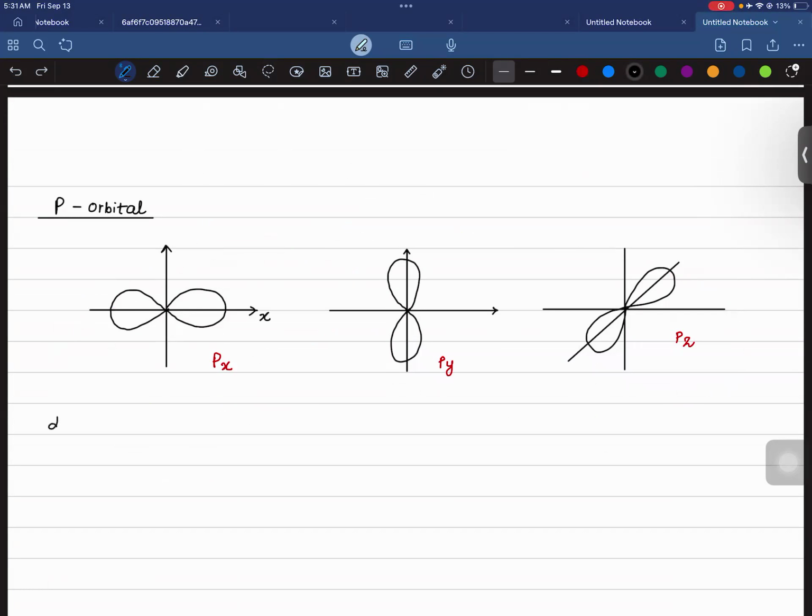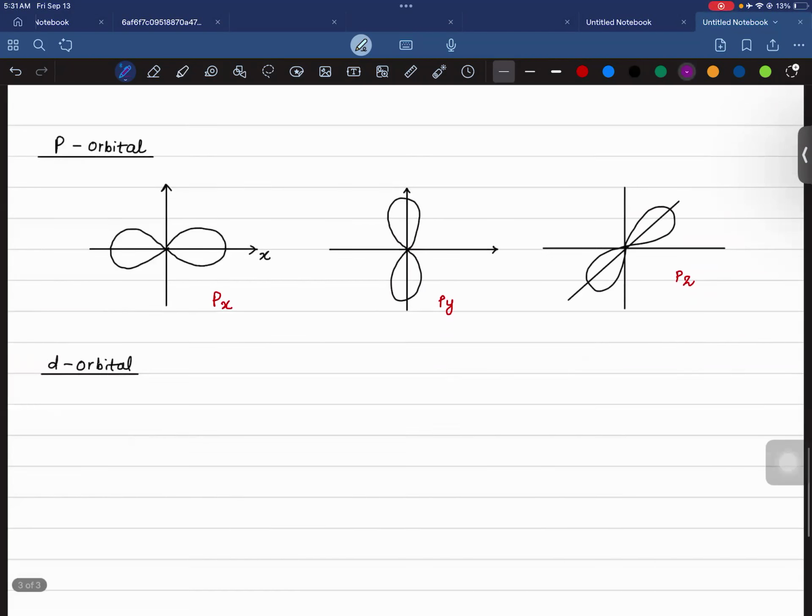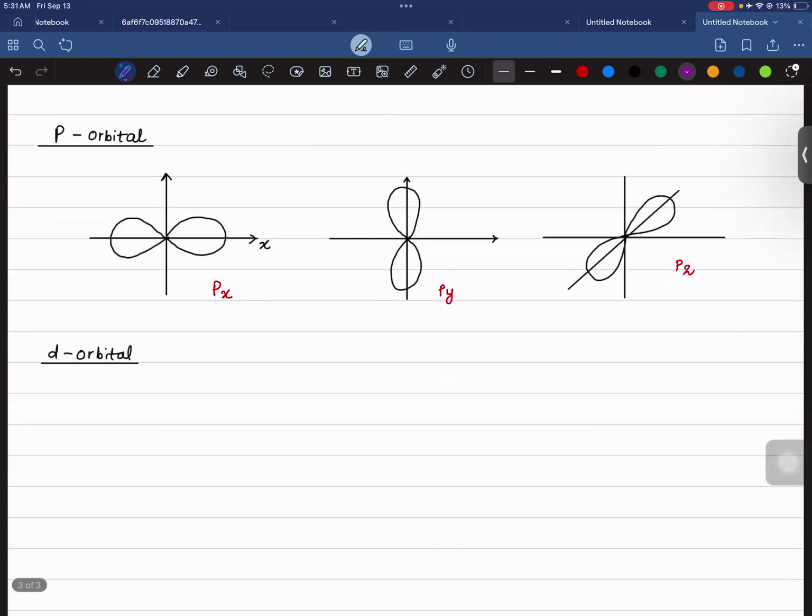Then we have d orbital. The shape is not a part of the syllabus, but you must know that d orbital further has 5 subshells: dxy, dyz, dzx, dx square y square, dz square.